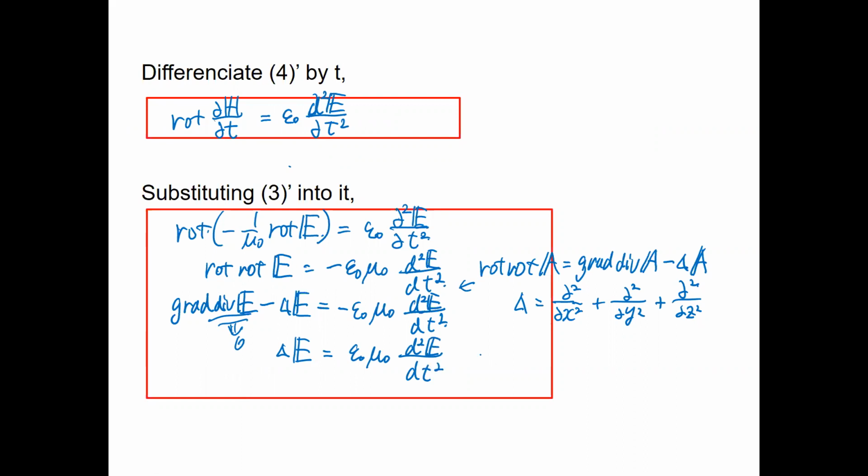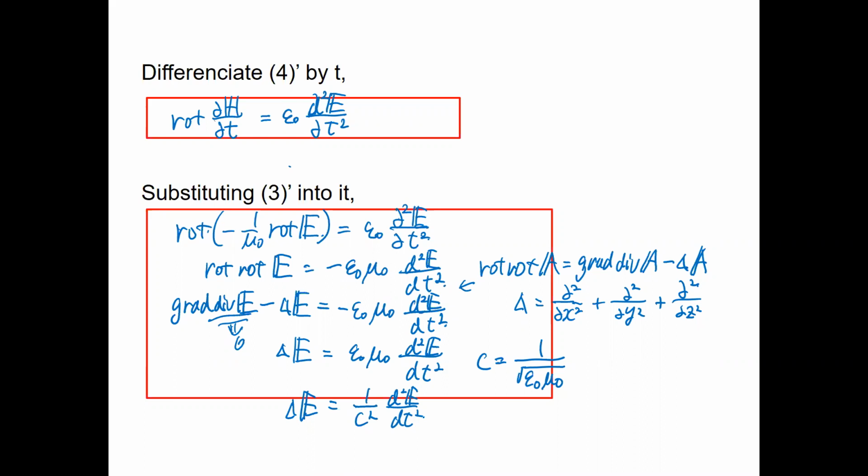And we assign C as one over the square root of epsilon 0 mu 0. As is obvious, this C will be the light velocity, as you can imagine. So finally, we obtain this, one of the most famous partial differential equations, right?